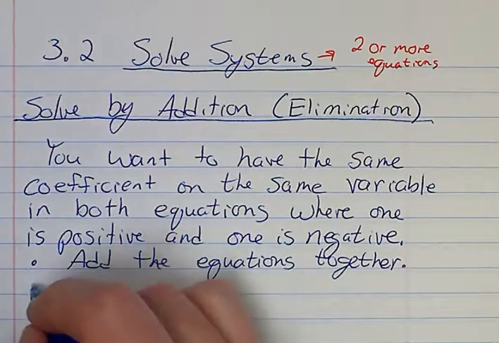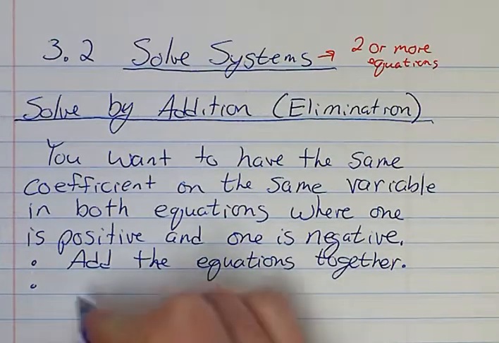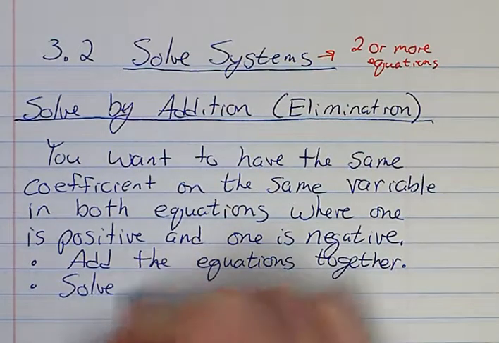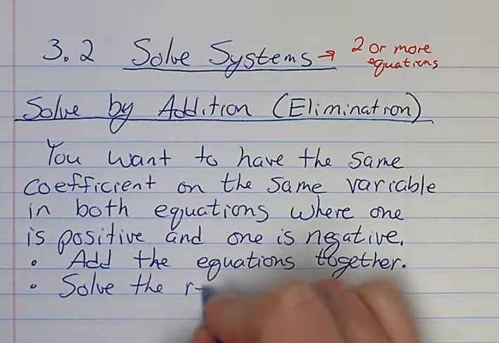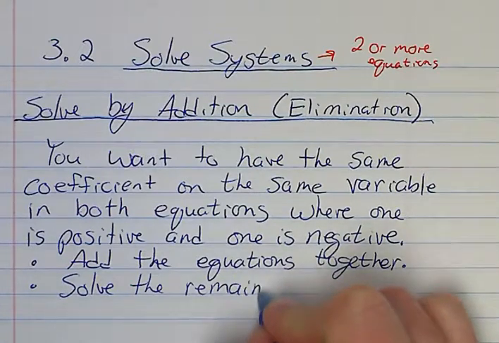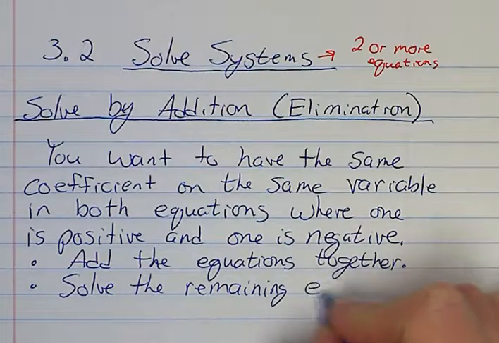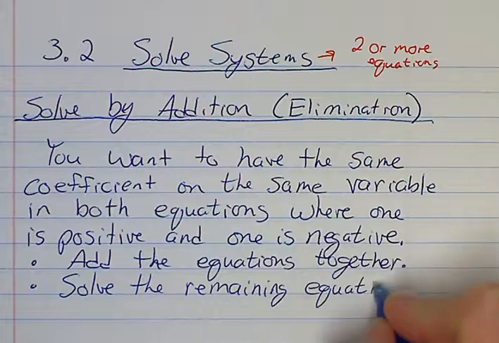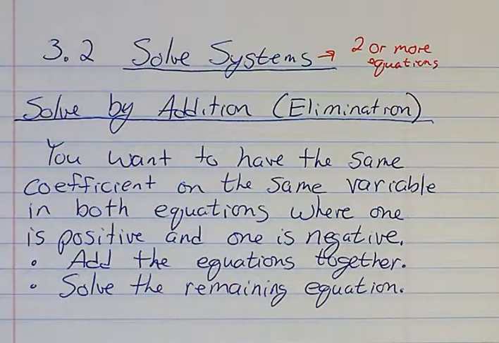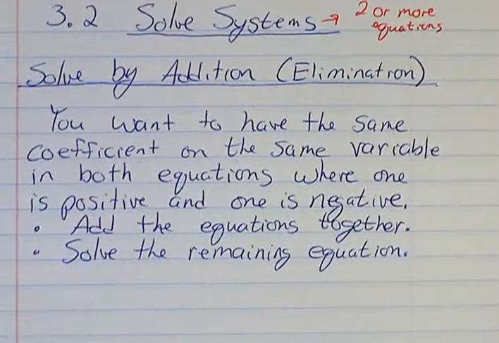Where you're going to have one equation that's left over, you're going to solve for the remaining equation that you have left over. So now you're going to have, 3y equals 15 or 4x equals 28. Something like that, where you're going to have just an equation that's just got the one variable left over.